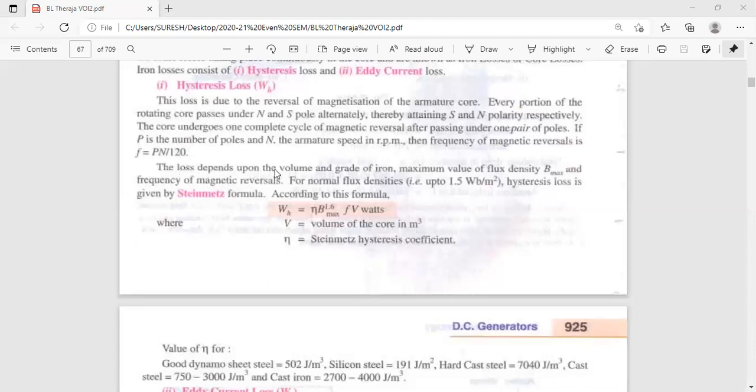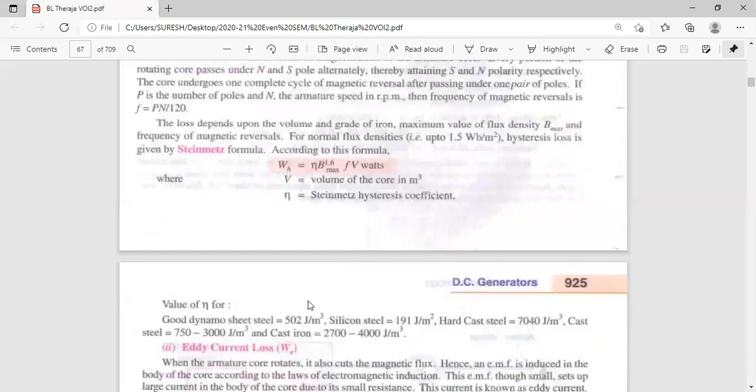See here, the loss depends upon the volume and grade of iron, the maximum value of flux density B max, and the frequency of magnetic reversals. For different materials, different eta will be there. For good dynamo sheet steel, the value of eta is 502 joule per meter cube.